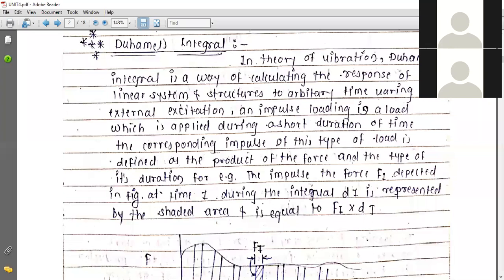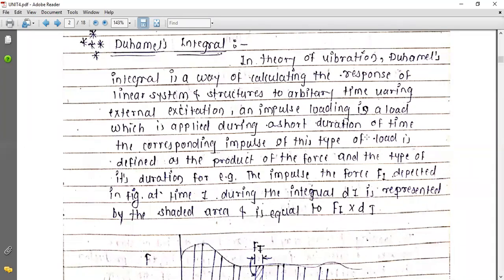An impulse loading is a loading which is applied during a short duration of time, and the corresponding impulse of this load is defined as the product of force and its duration. The impulse of force F(τ) is depicted in the figure at time τ. The differential impulse is represented by the shaded area, which equals F(τ) dτ.